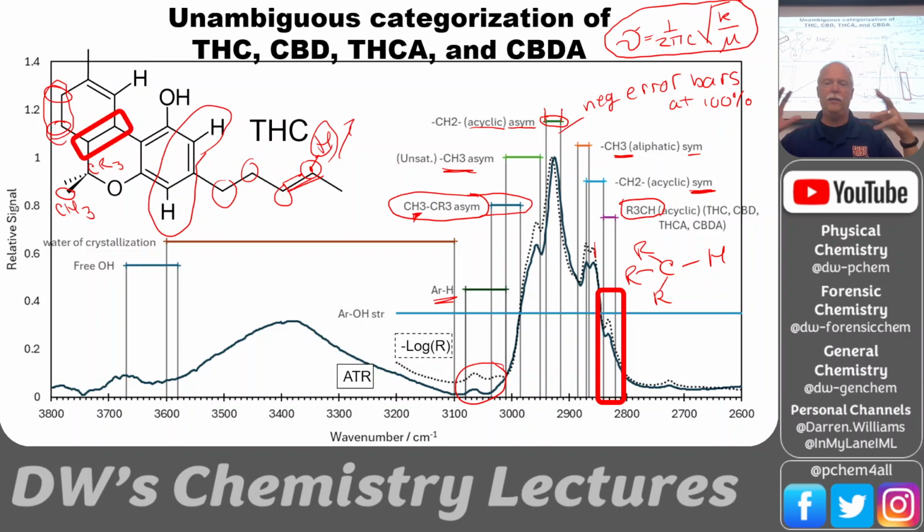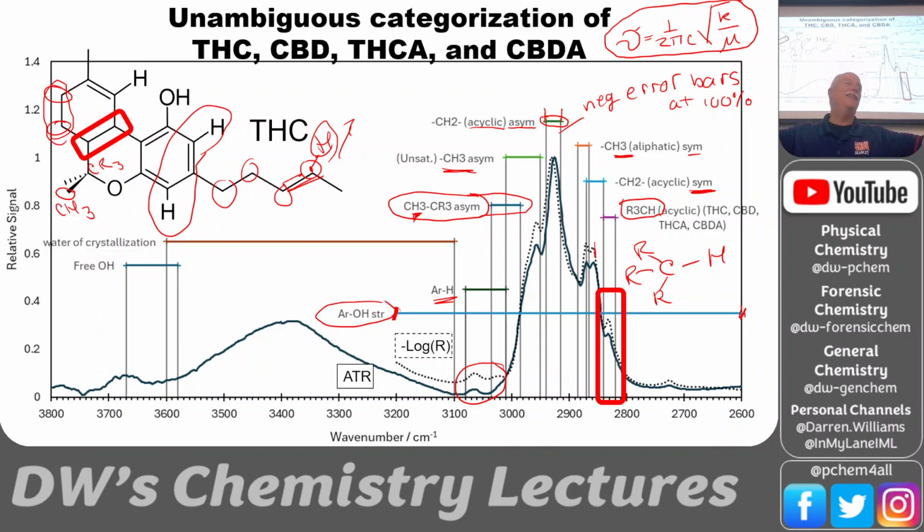Oh, and this one down here is the OH. This aromatic OH stretch has a huge range. Look at this range. So that's pretty hard to identify. Where is the aromatic OH stretch? The OH stretch, where the O is connected to an aromatic ring. It's the phenol stretch.